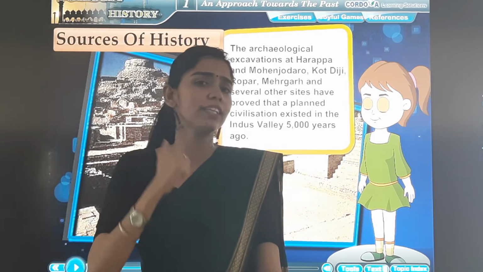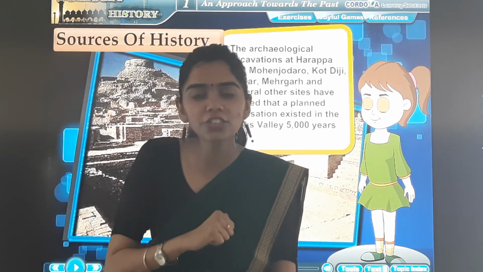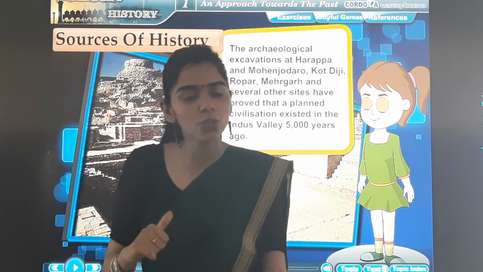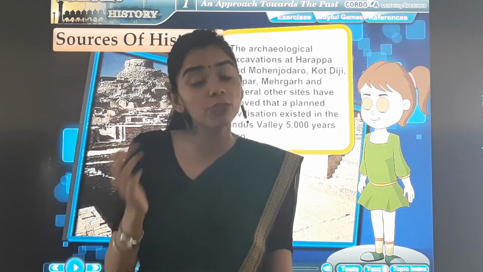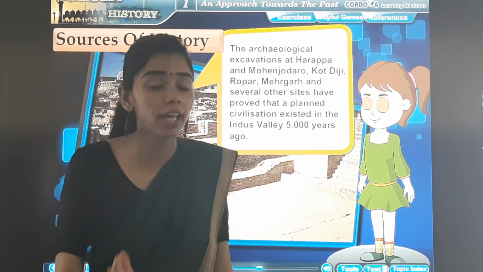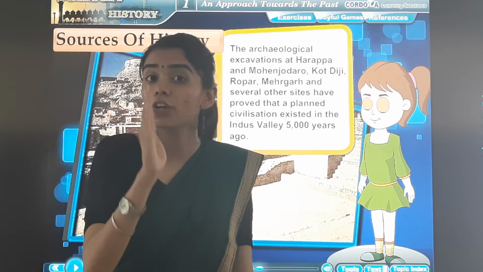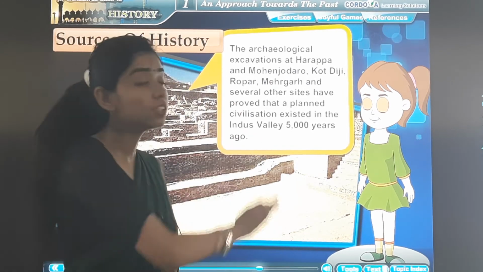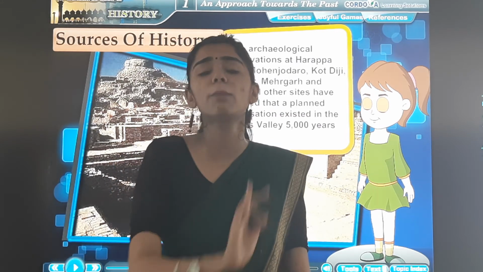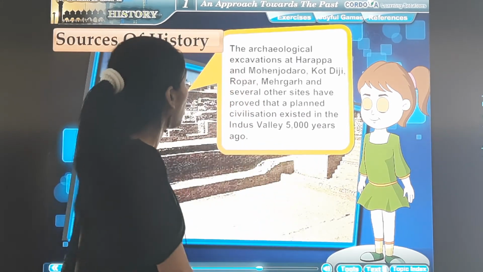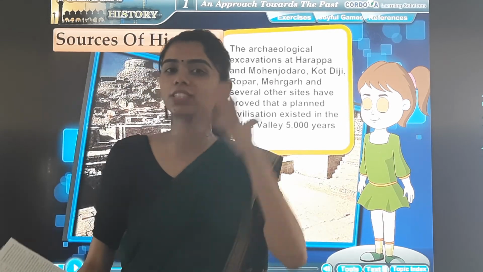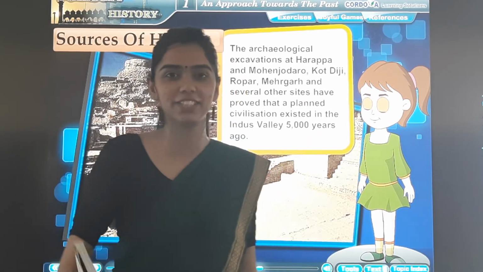Imagine what was there at that time? कोई टेक्नोलॉजी नहीं थी, कोई वॉशिंग मशीन्स नहीं थी. So how they used to wash their clothes? What food they used? So अगर आप इसके बारे में डिटेल में पढ़ेंगे इंडस वैली के बारे में, so you'll come to know that in spite of being 5,000 years old, still उनका बहुत ही systematic और beautifully planned civilization था. Okay, so this is about Indus Valley civilization.